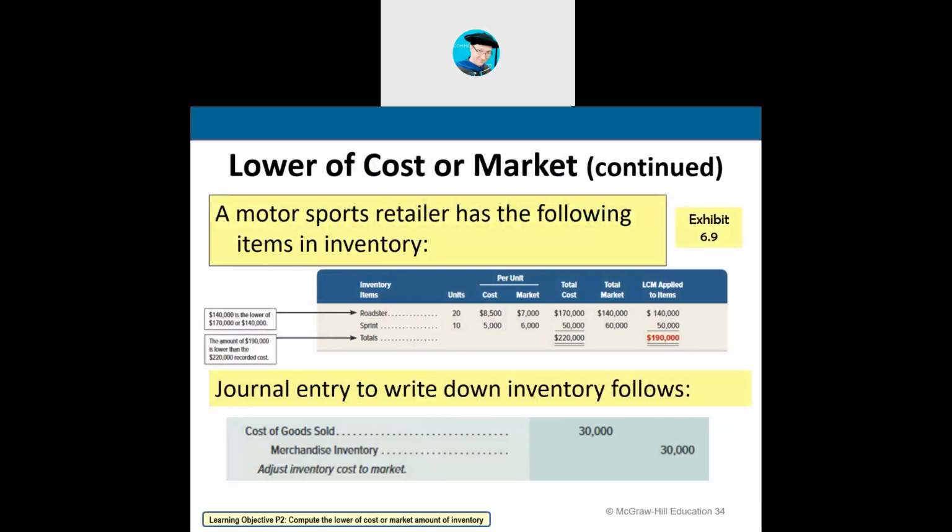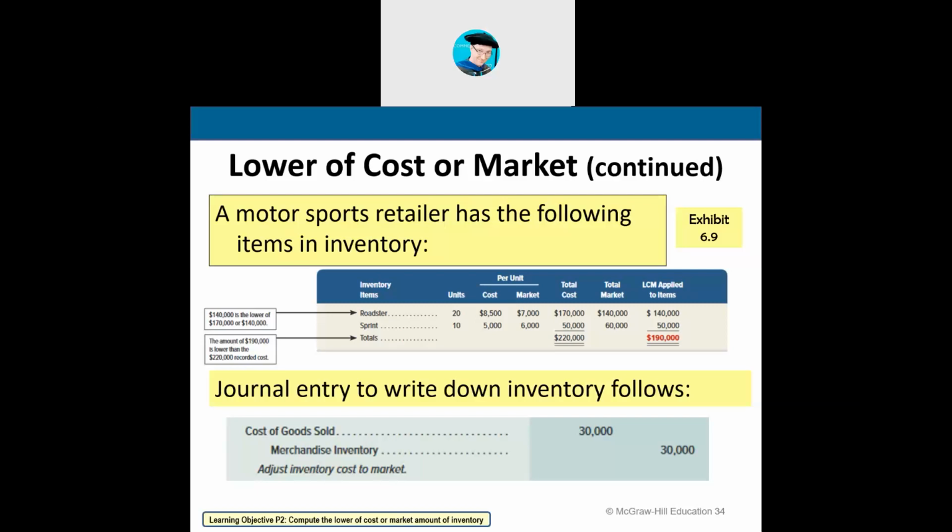Oftentimes, this type of method is used by car dealerships because it is more beneficial to use the lower cost or market rate when we are talking about assets available for sale like automobiles.